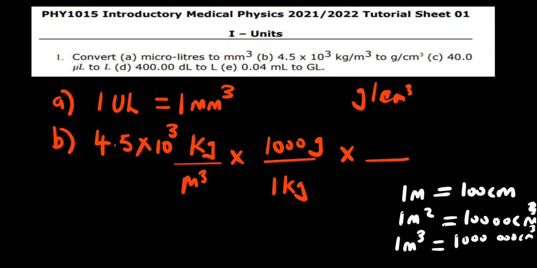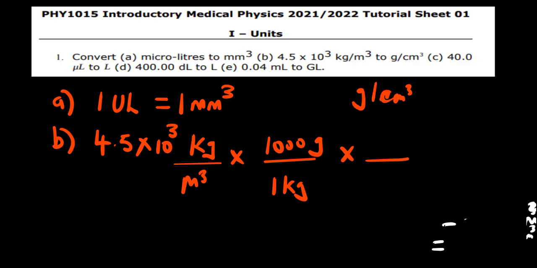That's a conversion unit that we're going to use to solve on the other side. So allow me to just write it: 1 meter cubed is the same as 1 million centimeter cubed. Now that we've got this, we've got everything that we need to solve our question.